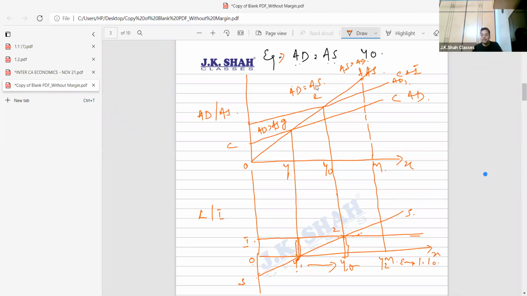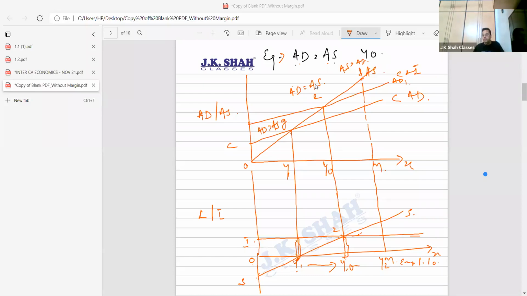Understand, beta? Aggregate expenditure is less than aggregate output, leading to decrease in national income. Aggregate expenditure is less than aggregate output, leading to decrease in national income.